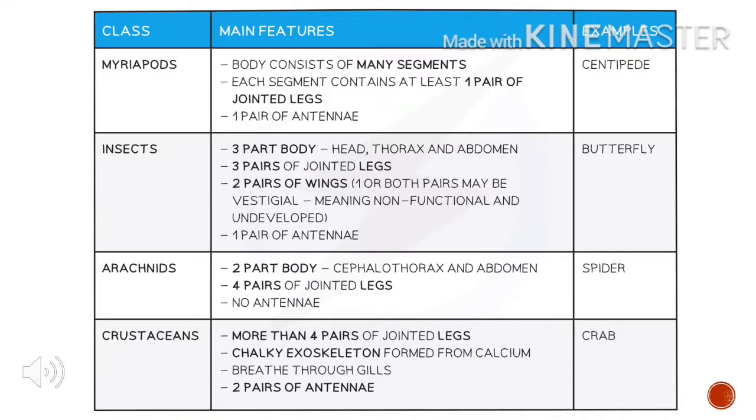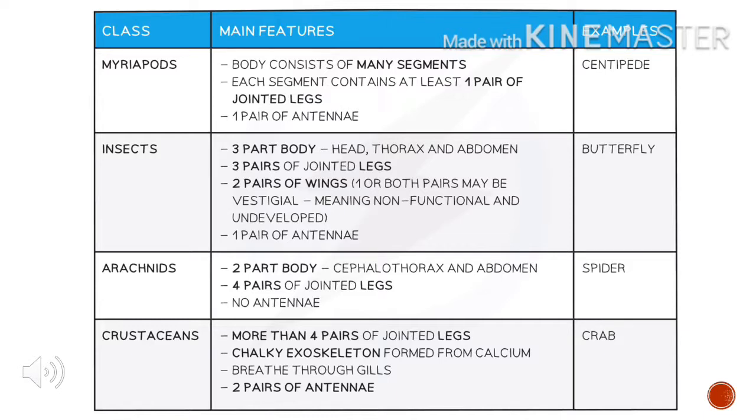Examples: butterfly. Class Arachnids. 2-part body, cephalothorax and abdomen. 4 pairs of jointed legs, no antennae. Example: spider.